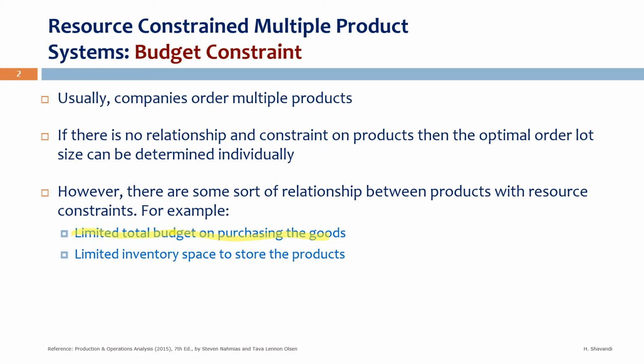Or we may have limited inventory space in our store, so it affects the quantity of the goods, right? So because of these two restrictions, the multiple products are not independent, so we need to consider the case of multiple products here.